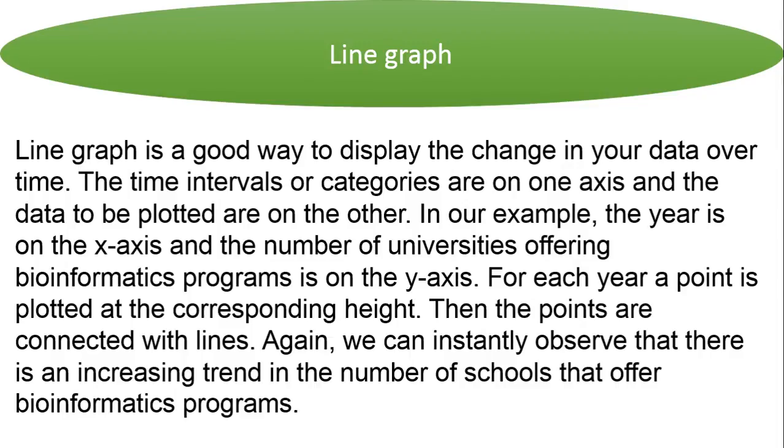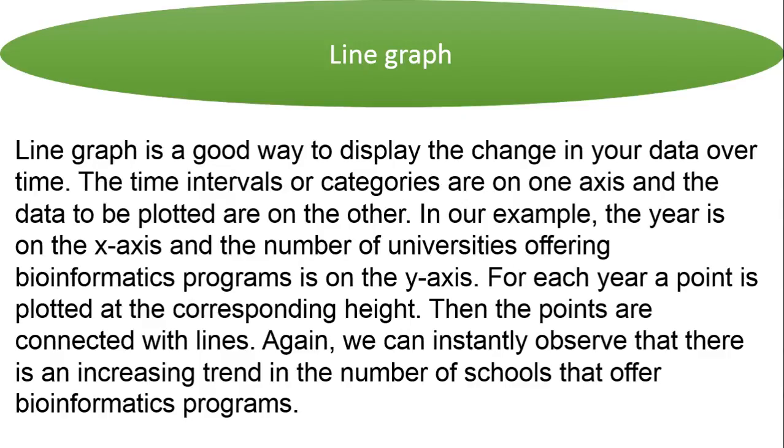In our first example, the bioinformatics courses, the year is on the x-axis and the number of universities offering bioinformatics programs is on the y-axis. For each year, a point is plotted at the corresponding height. Then the points are connected with a line.